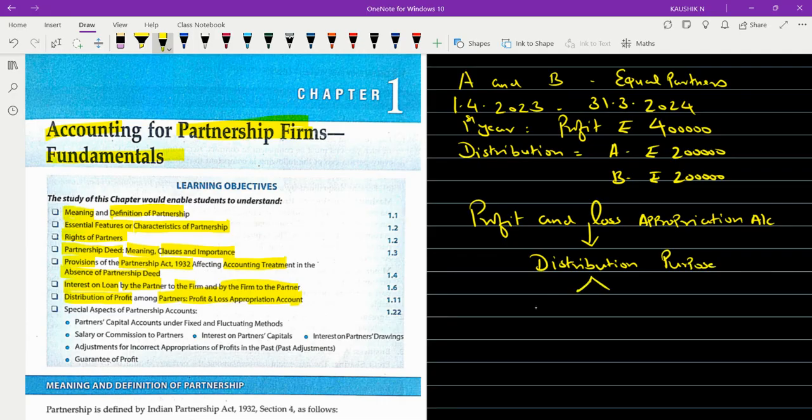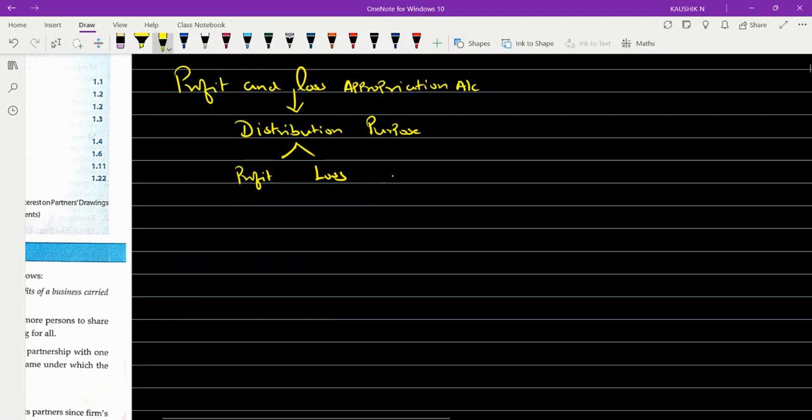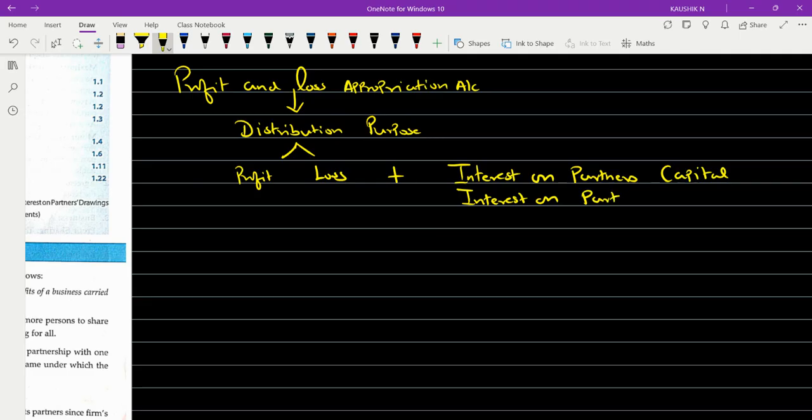What are you going to distribute? Either profit or loss. Along with this, you will find these items appearing in this account. In addition, you will also come across items such as interest on partners' capital, interest on partners' drawings.